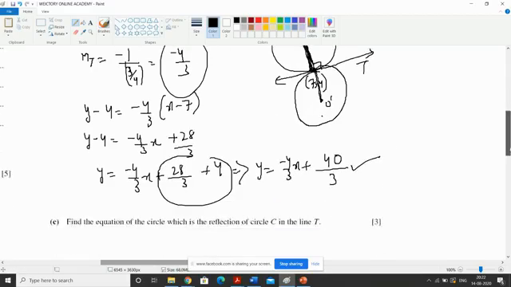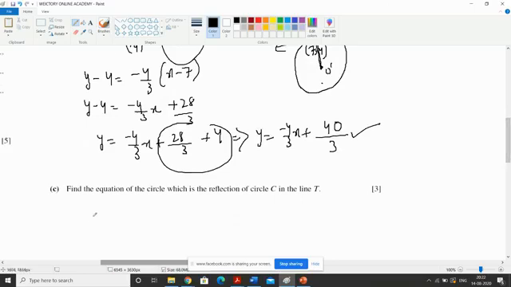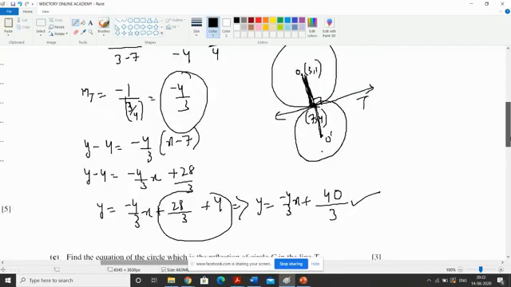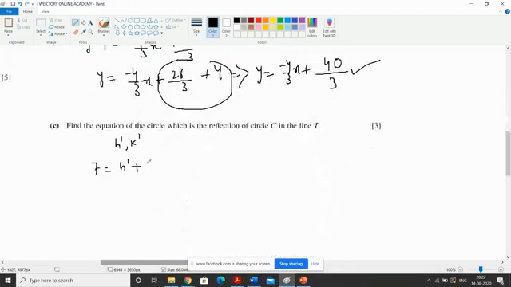So to find the center, let's say h dash, k dash are the center of the new circle. So 7 must be equal to h dash plus 3 over 2. So you will get 14 is equal to h dash plus 3, h dash will be 11.